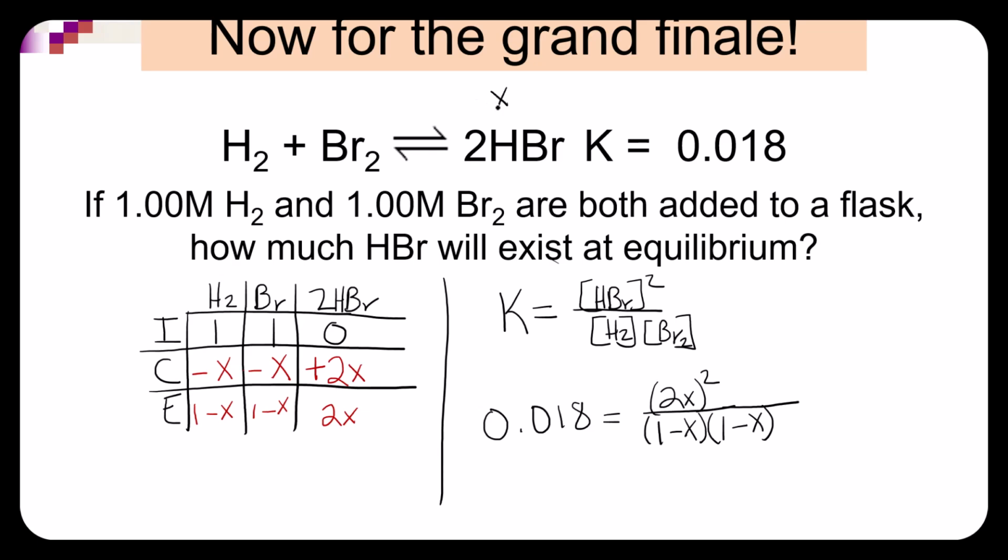If I had X times X, what's another way to write that? Yeah, it's X squared. So this is 1 minus X times 1 minus X. Those are the exact same variables. So another way to write this would be 1 minus X.